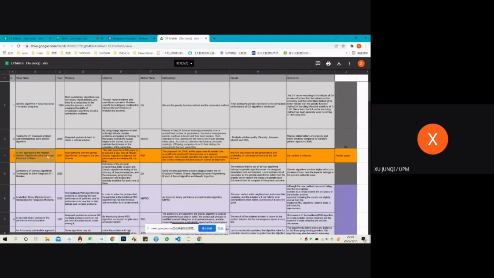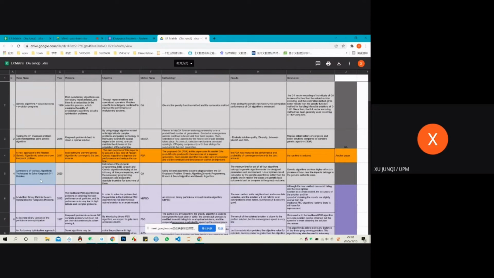And this paper is also our anchor paper, on the basis of which we improved the algorithm and compared it with particle swarm optimization algorithms.